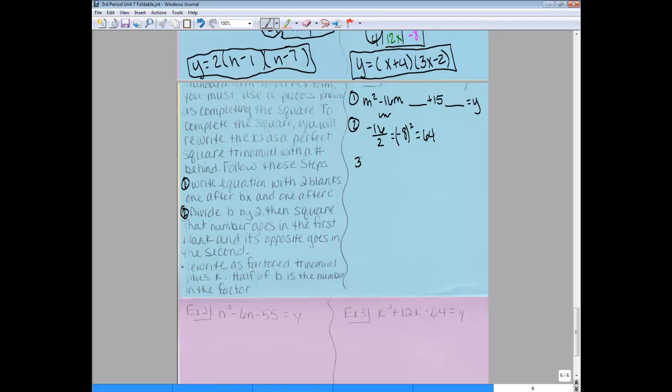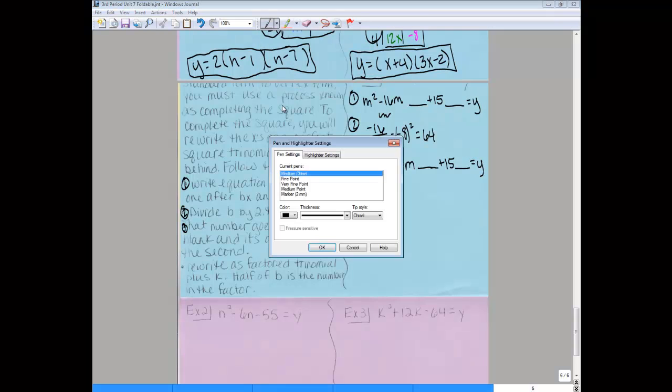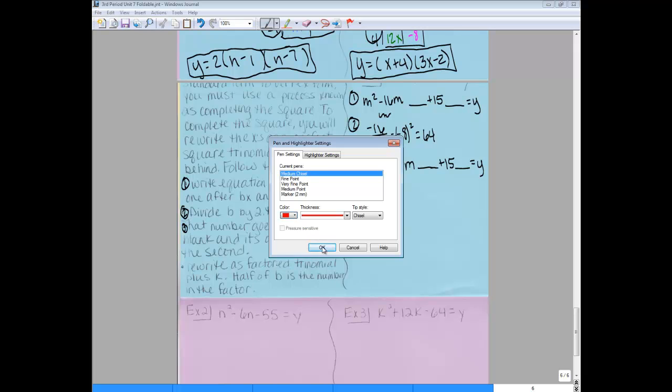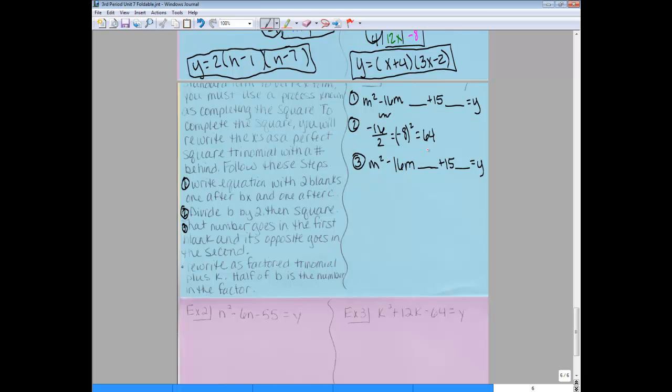So that is my second step. My third step: that number goes in the first blank and its opposite goes in the second. So now that I have this same equation with my blanks, here I'll change the color so that you can see what's going on. We have 64 right here.